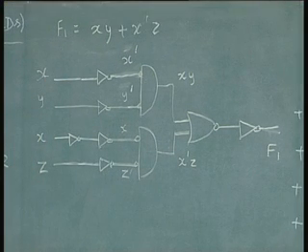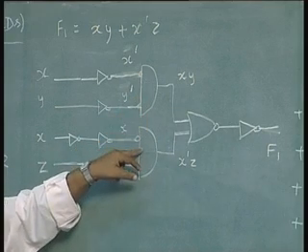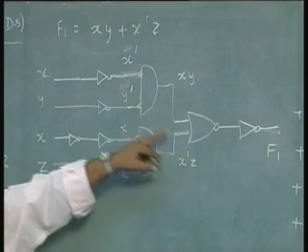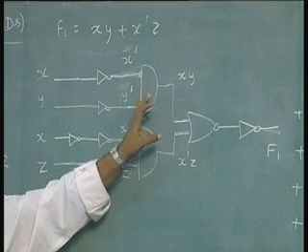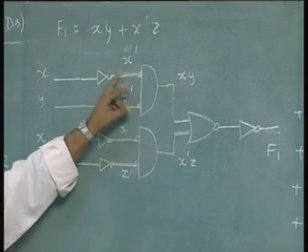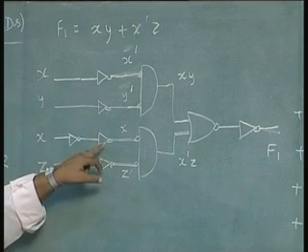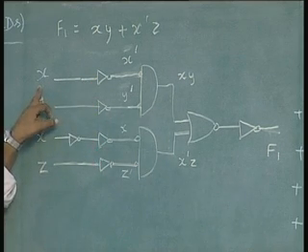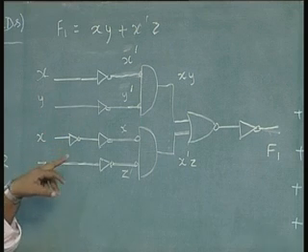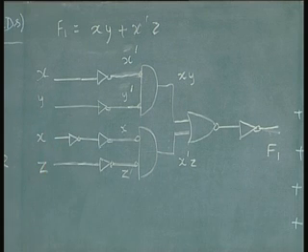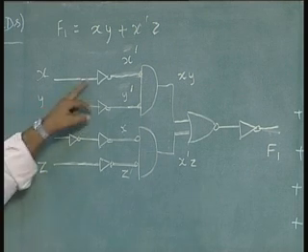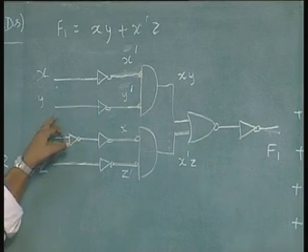Now since these have to be NOR gates, I have no choice, and this has to be an OR gate. I can only connect a NOR gate to another NOR gate. So I have to do something at the input and something at the output to manipulate the whole thing. I do this by connecting inverters. I have an inverter at each of the inputs. If an inversion is required, I put an inverter. If the inversion is not required, I put a double inverter. Here it is X, I put an inverter, X bar, Y bar.